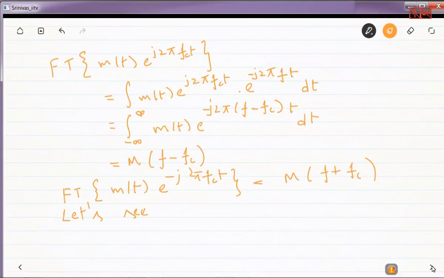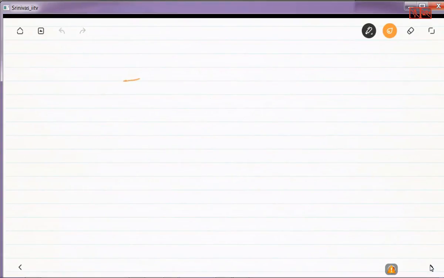Let's see the graphical representation. I said m of t is a finite bandwidth signal. So let me write its spectrum.